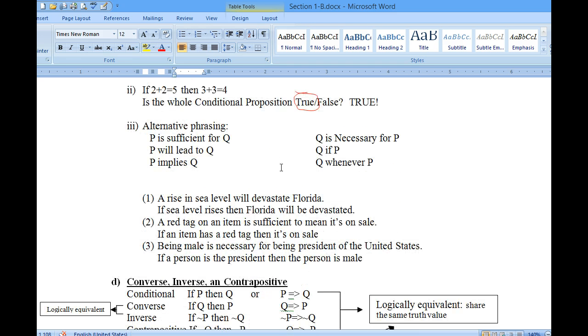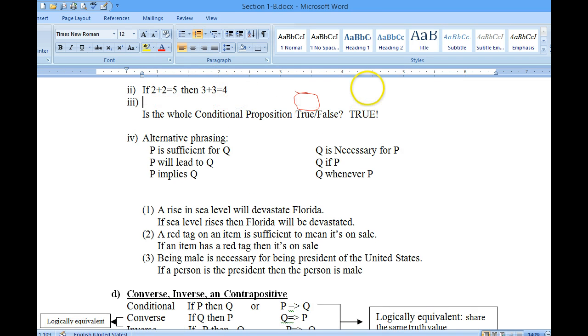Our second example, if 2 plus 2 equals 5, then 3 plus 3 equals 4. So I have my conditional statement, if proposition, then proposition. Here is the first one. I have 2 plus 2 equals 5. False. So I'm going to put that in here.